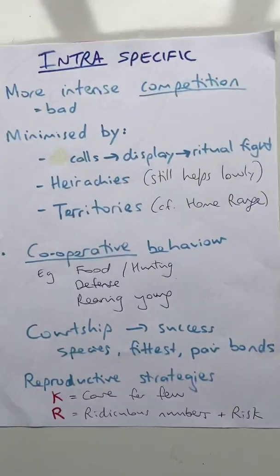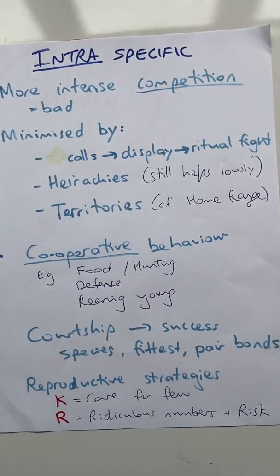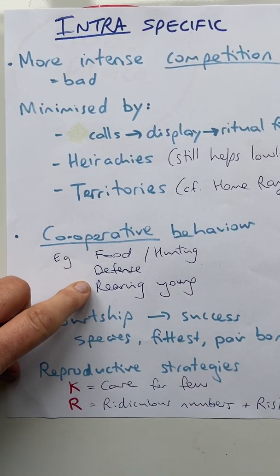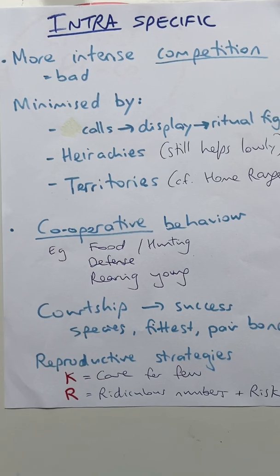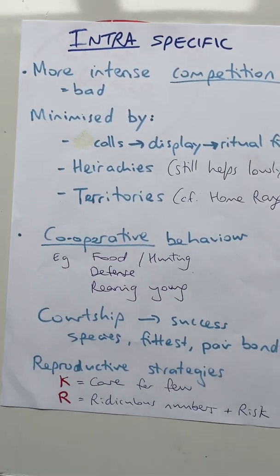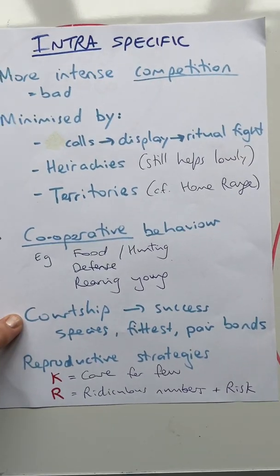So cooperative behaviour between members of the same species is great because you can get more food, you can defend yourselves against other things coming to get you. You can help each other bring up your young. So cooperation between members of the same species is good. Also courtship is important.